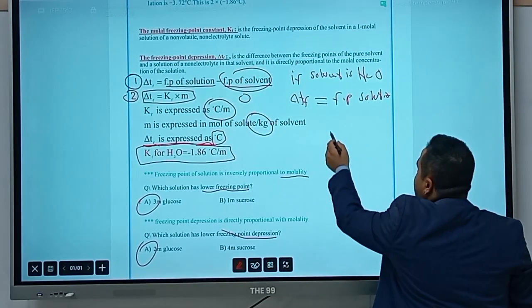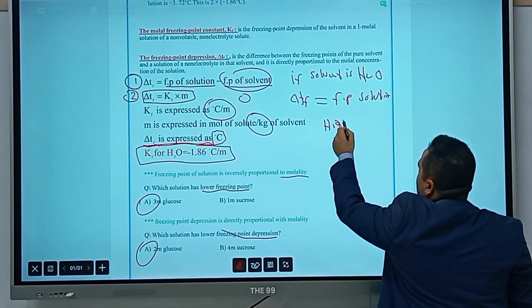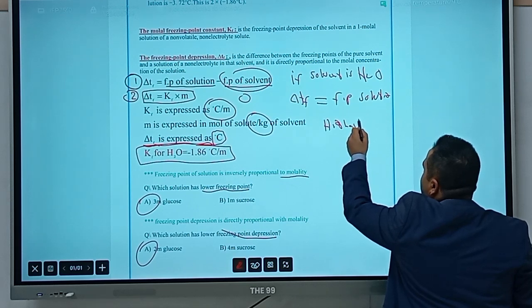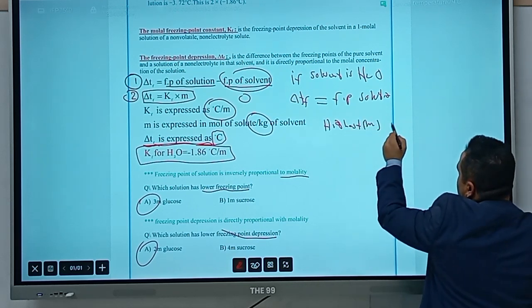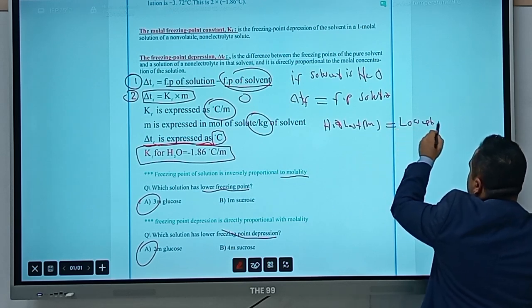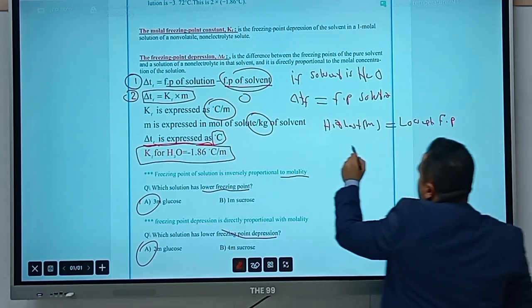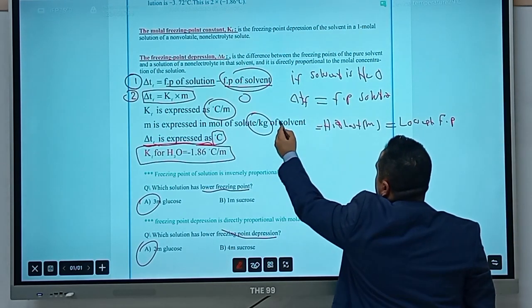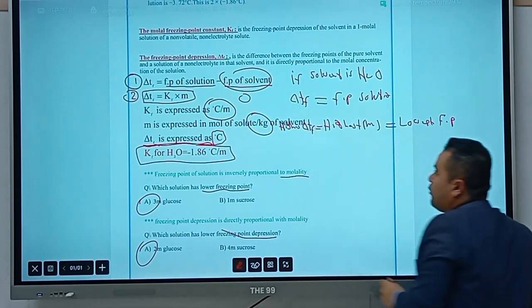Whenever it asks for the highest or lowest freezing point: the highest M, for a non-electrolyte, guys, is the same as the lowest freezing point and is the same as the highest delta TF, freezing point depression.